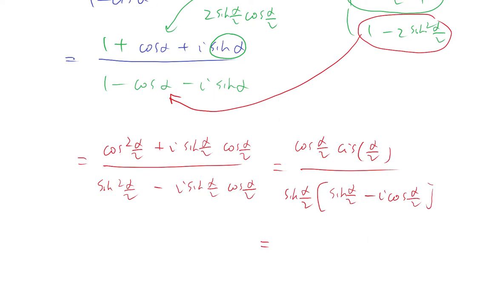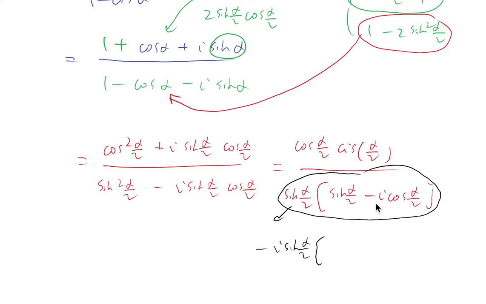Looking purely at the denominator, we want to take the minus I out. Once we take the minus I out, it becomes minus I sine alpha over 2, and then minus I multiplied by a pure cos alpha over 2.